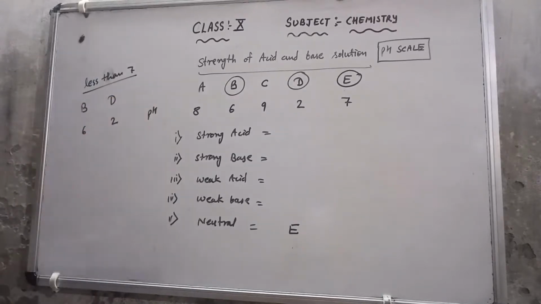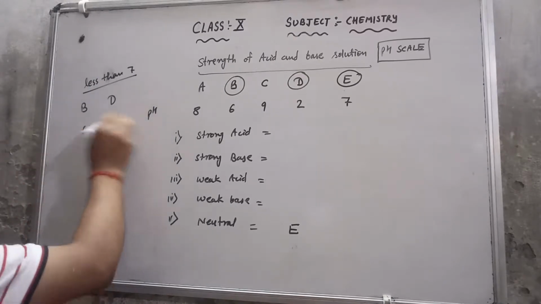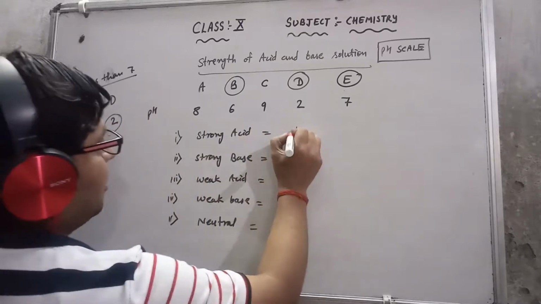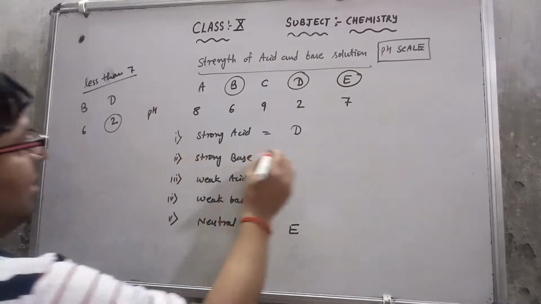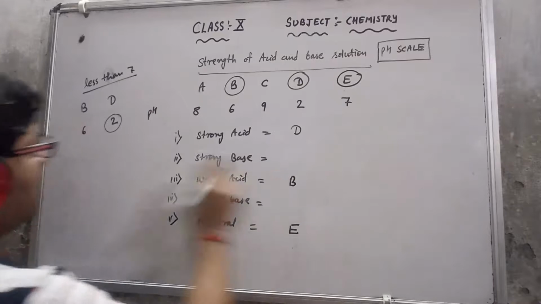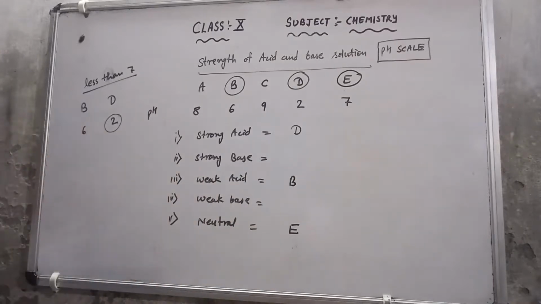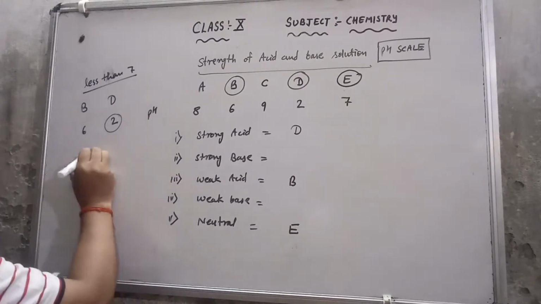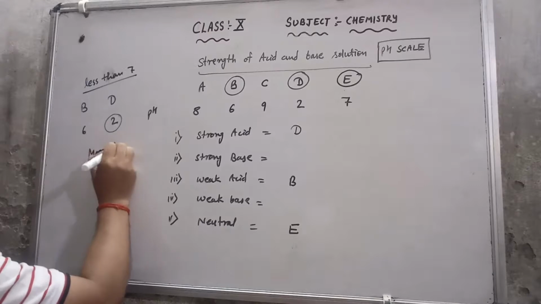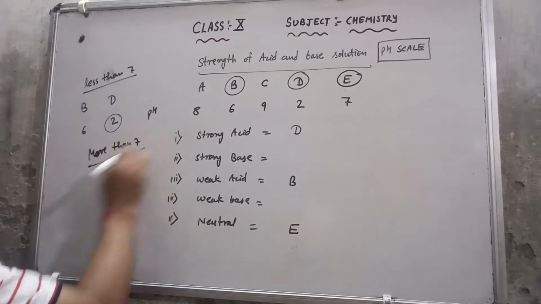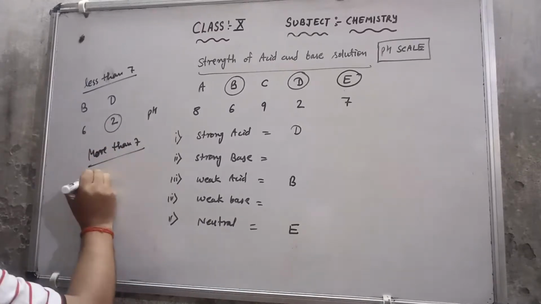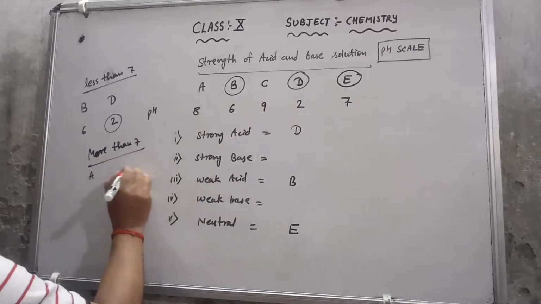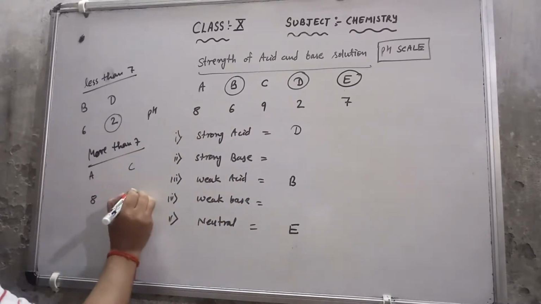We know that whose pH is less, that is a strong acid. Who is the less one? 2 is the less, so D is a strong acid and B is a weak acid because its pH is more than 2. The rest of the pH values are more than 7, which indicates basic nature. These are A and C: A is 8, C is 9.